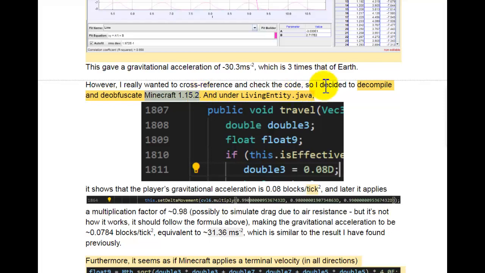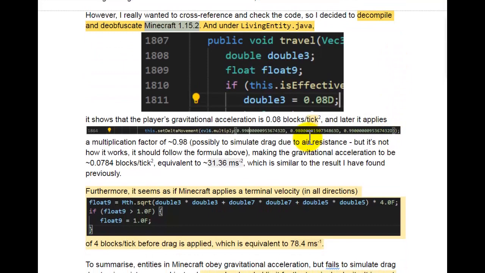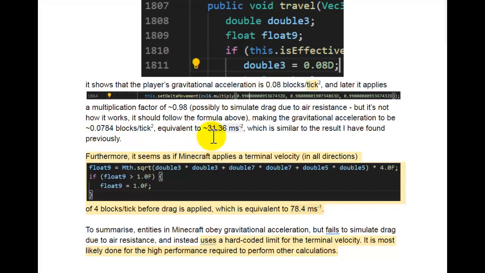So I guess in that case you can decompile the whole program, and he tried to read through all the lines of the program, and he found some formulas related to gravity itself. So he found that it is also quite close to the one that he found out, and the exact value is 31.36 meter per second squared, and I think this is a really good finding.